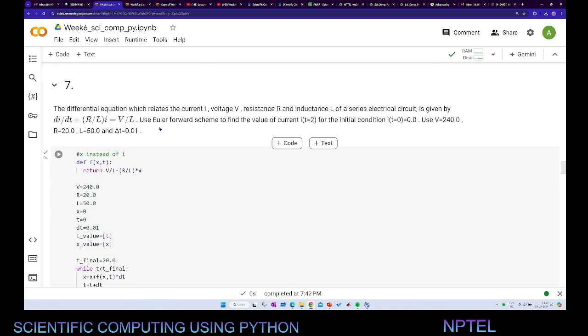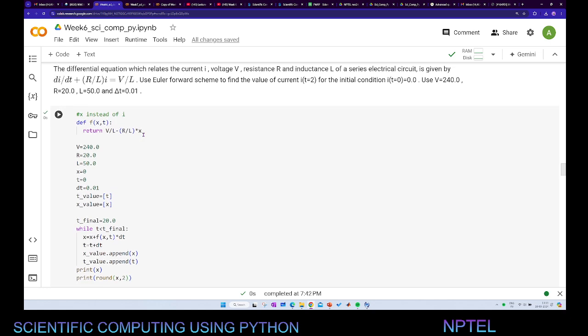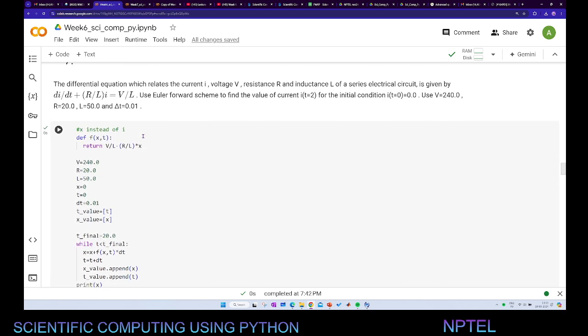Yeah, this one, right? So the equation is the same. I of t is equal to 2, this is 0, P is 240, R is this, L is this, delta t is. And this was Euler forward.